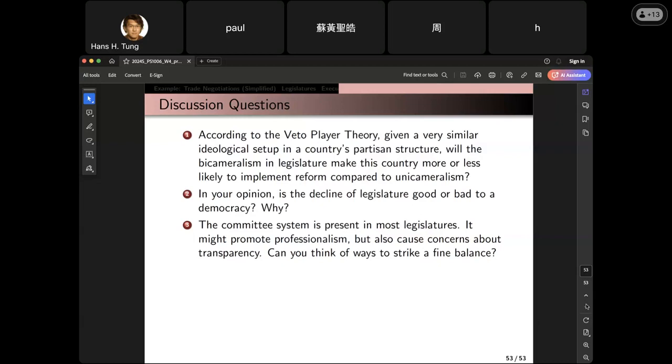I guess the problem here is that this is inevitable, given the complexity of modern affairs. You have to divide labor among members. In Taiwan, there are 113 members in the Congress, but as we just went through, other countries have 700, 600, 400.